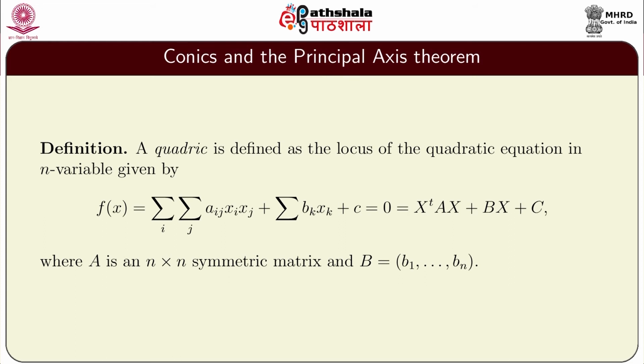The linear part is written as Bx, where B is the row B1, B2, ..., Bn, and x stands for the variables x1, x2, ..., xn, and then the constant c. Therefore, x transpose Ax is a quadratic form associated to a quadric.